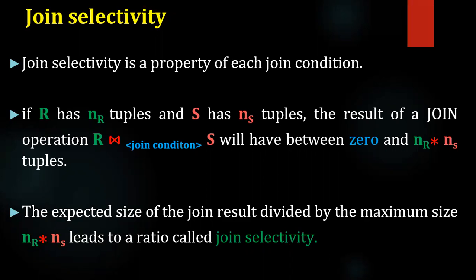So it becomes 5 into 10, 50. Here the join selectivity will be equal to 6 divided by 50.